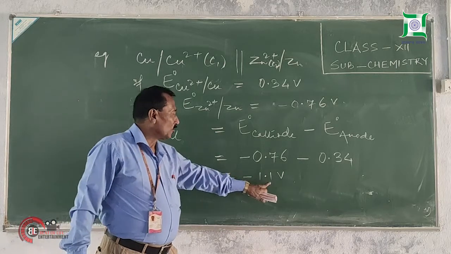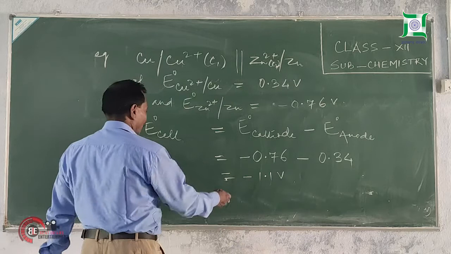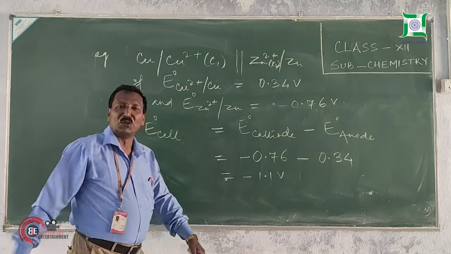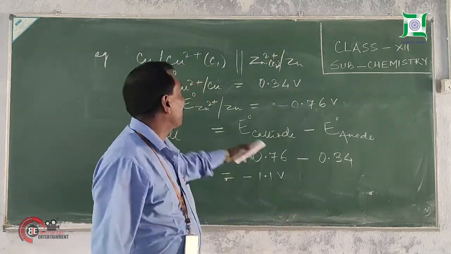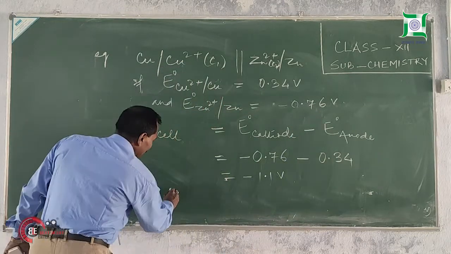So the value comes to be negative, minus 1.1 volt. So this negative value shows the cell is not feasible. The cell is not possible.